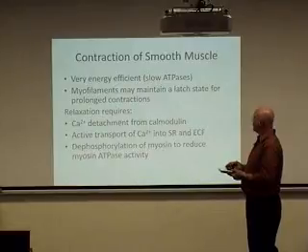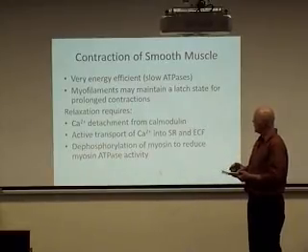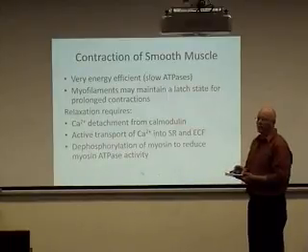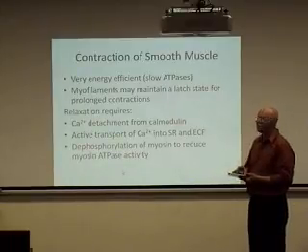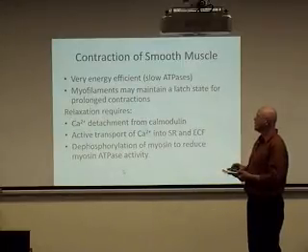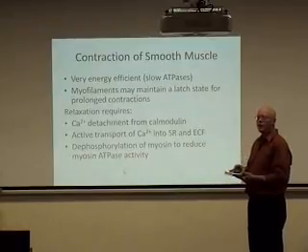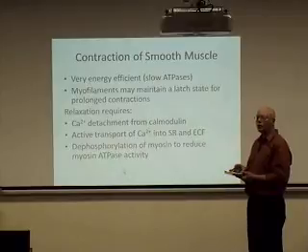And then finally, notice that this is very energy efficient. It uses slow ATPase molecules to charge myosin. Also, very differently from the skeletal muscle, in this case, the myosin may bind to actin and hold. Remember, in skeletal muscle, myosin was constantly binding to actin, pulling and releasing.